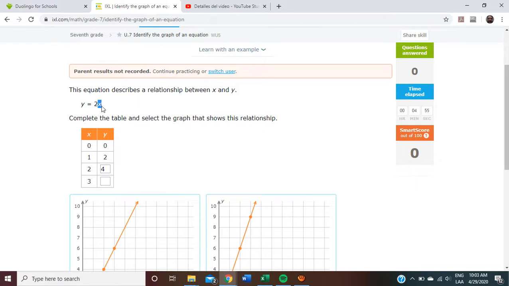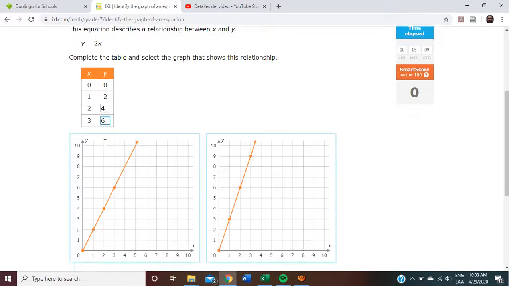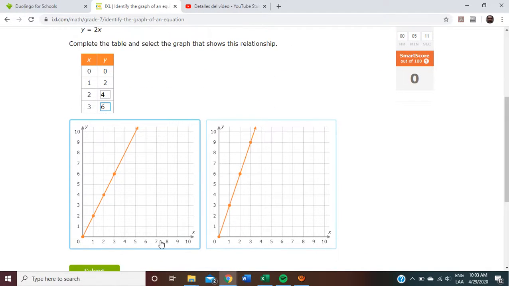When x equals 3, we multiply 3 times 2 equals 6, so y equals 6. So these are actually coordinates, okay? Remember, x is the axis that is horizontal, and the axis that is vertical is the y.